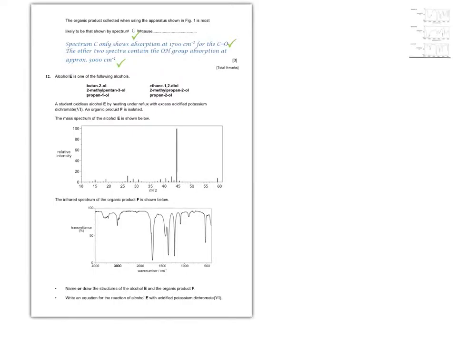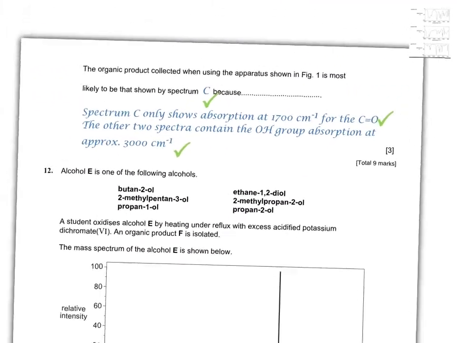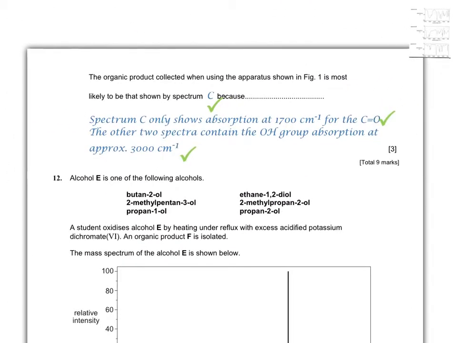And that's exactly what we have in the answer given to us in the mark scheme, that the answer should be spectrum C, because it has an absorption around 1700 for the C=O, and the fact that the two other spectra have an OH group around about 3000, which the aldehyde will not have.